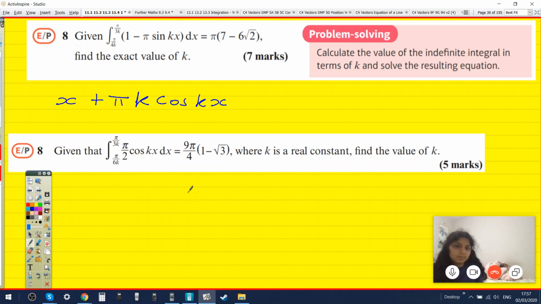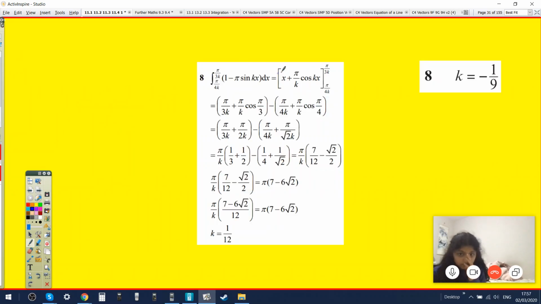Why do you have to bring the k out as well? Is that not what you said? Yeah, derivative of that. You have to do the reciprocal, like if it's sine 2x, you have to do half sine 2x. You're right, it should be that. And wouldn't the pi be pi x because it's a constant coefficient? Oh, okay. So that is x plus pi over k cos kx.